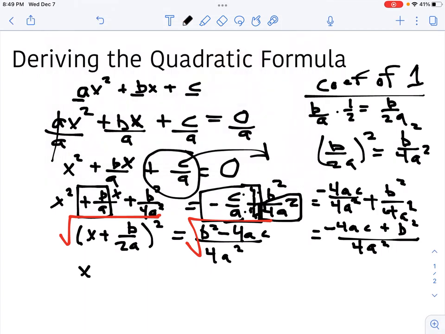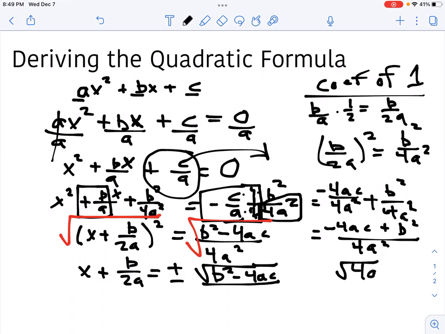So we have x plus b over 2a equals plus and minus the square root of, look at that, b squared minus 4ac, that would be our discriminant, over, and I could write this as the square root of 4a squared, but let's do this off to the side, and you'll see that this is a square number, and it cleans up really nice. It cleans up to 2a, and look at that. Is that not magic or what, right?